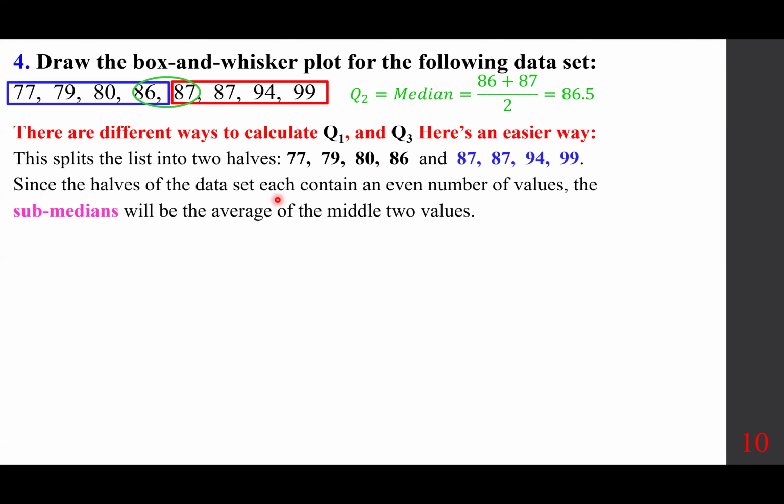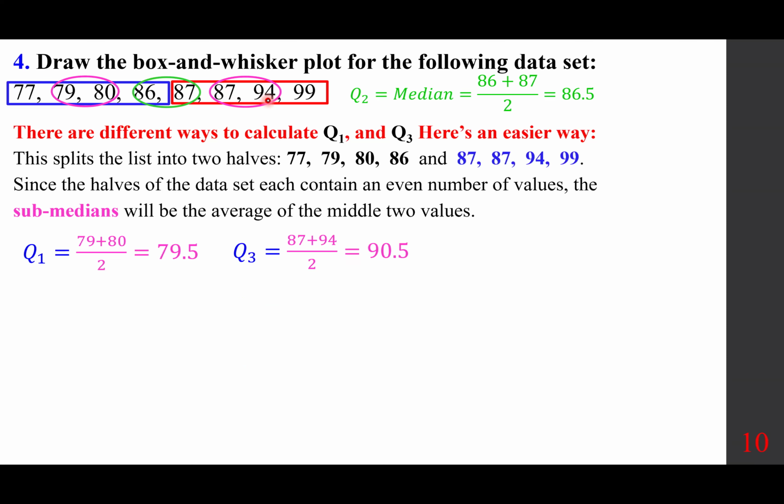Since the halves of the data set each contain an even number of values, the sub-median will be the average of the middle two values. So this one, 79 and 80 divided by 2, and this one, 87 and 94 divided by 2. So Q sub 1 becomes 79.5, and Q sub 3, 87 plus 94 divided by 2 is 90.5.